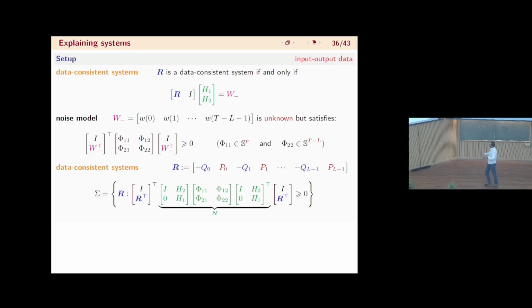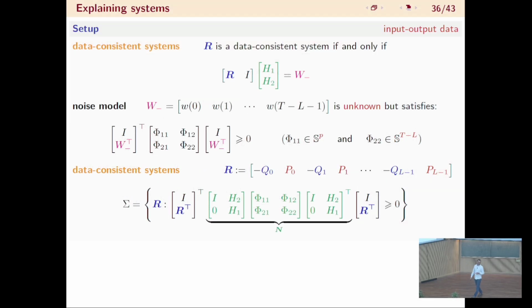Now I am in business. If somebody enters this room with a noise model and data, I can find this green matrix N, and then any R that satisfies the green quadratic matrix inequality represents a data consistent system. And in particular, the true one belongs to this set sigma, because I collected the data from the true system.